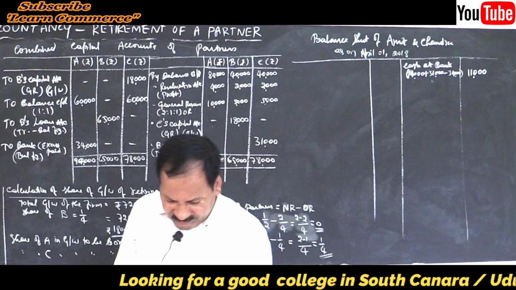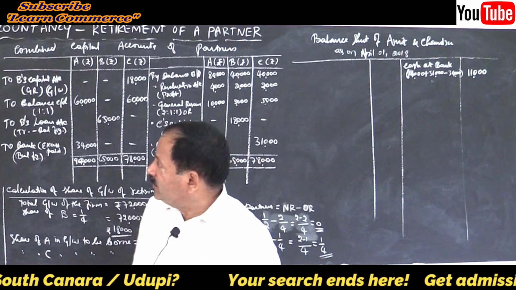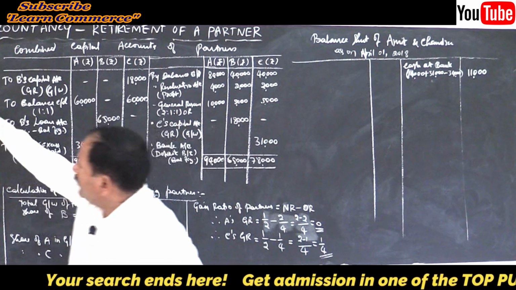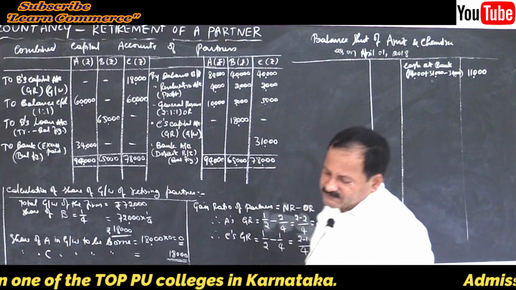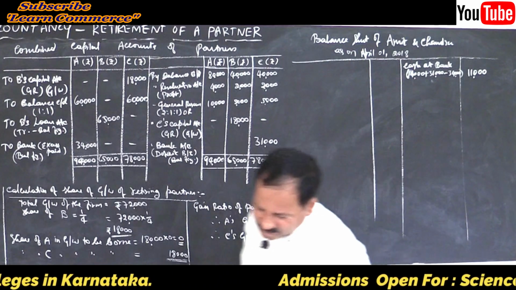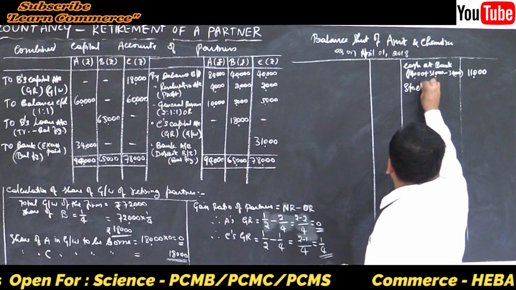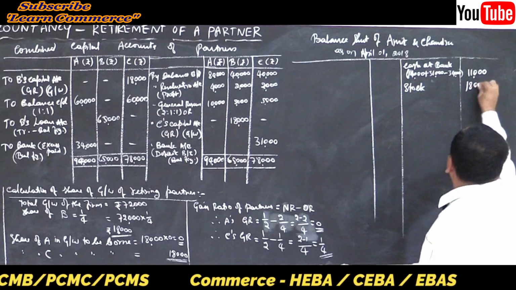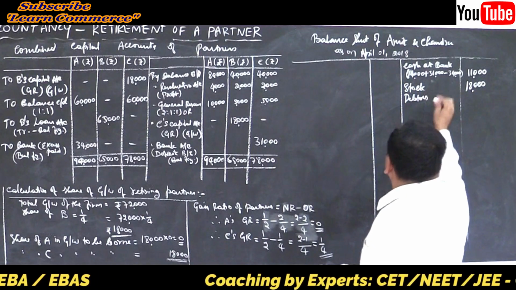Then move on to the next part, that is stock. There is no change in the stock, correct? So write it as it is, 18,000. Stock is 18,000. Debtors, there is a change.